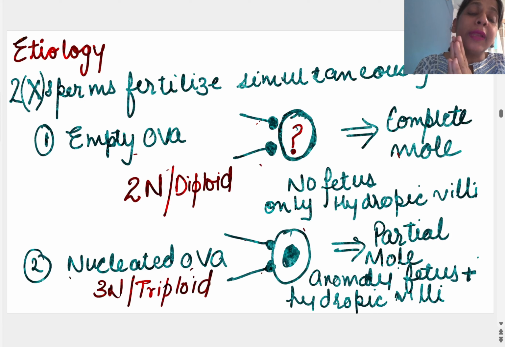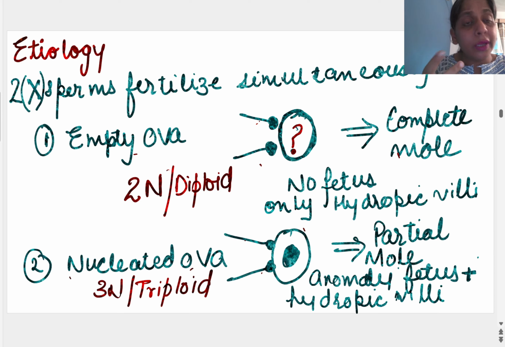And of course these villi will be abnormal. Plus, yes, a fetus will also be formed because the mother nucleus was there. This is why it is known as partial mole, because a fetus is also formed and abnormal villi are also there. Now this is a partial mole, and what is happening here?